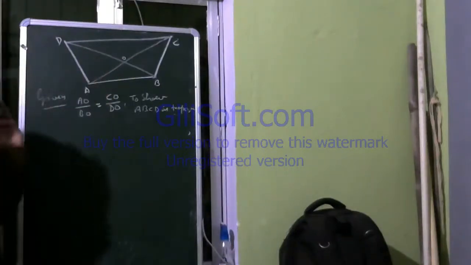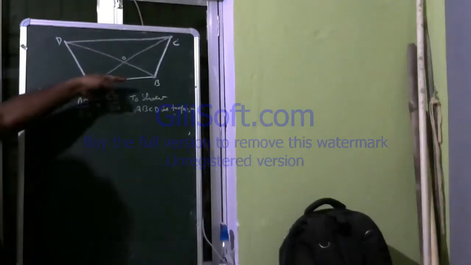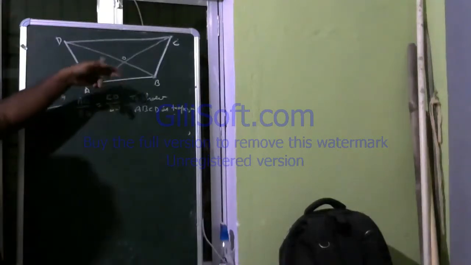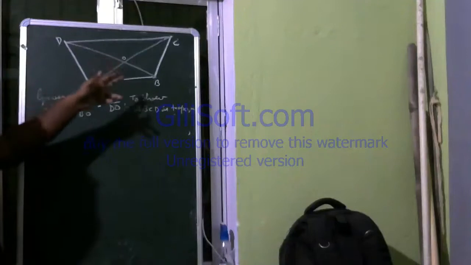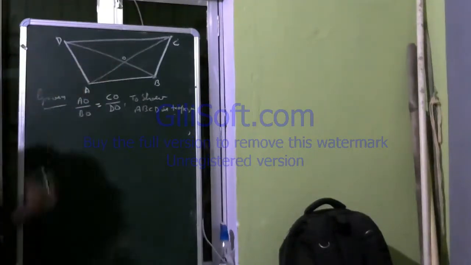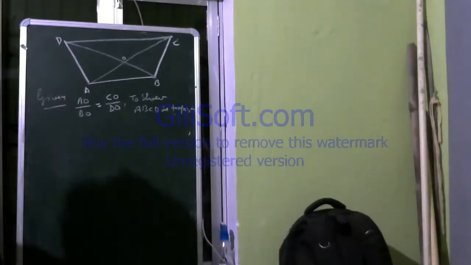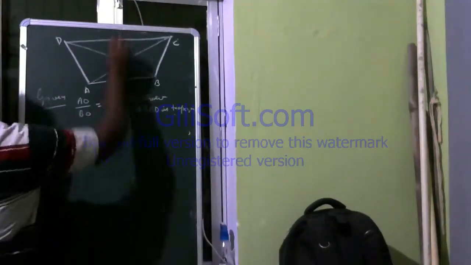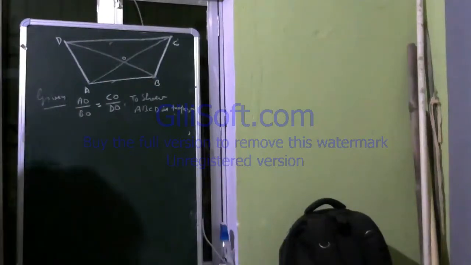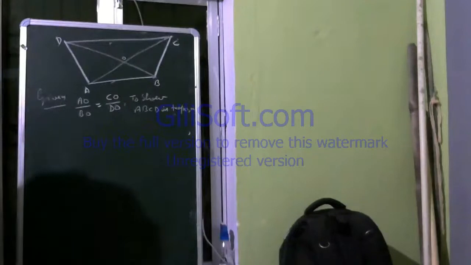It is trapezium. For a quadrilateral to be a trapezium, the required condition is that any one pair of opposite sides are parallel to each other, only parallel, not equal. Okay, so we have to prove AB and CD are parallel to each other, or AD and BC are parallel to each other.